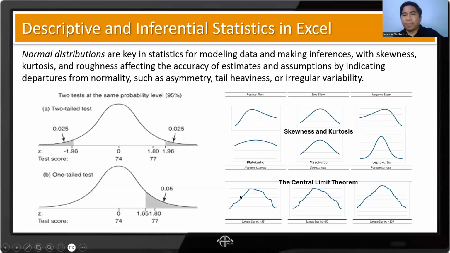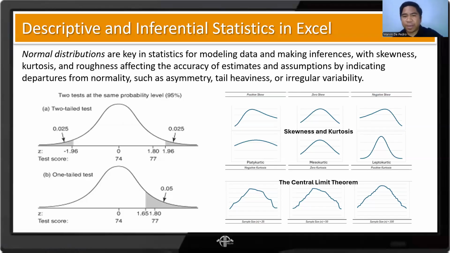But the most important of all is having a larger sample size, because according to the central limit theorem, the higher your data set size or sample size is, the more normal it becomes.